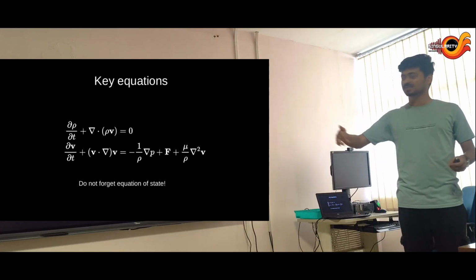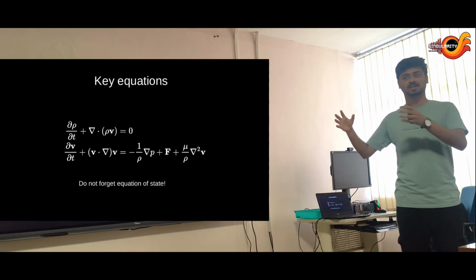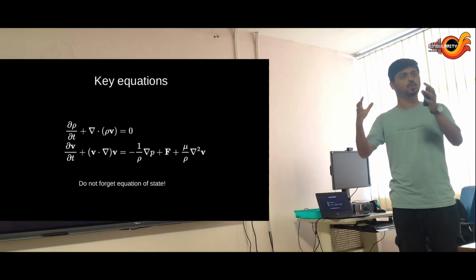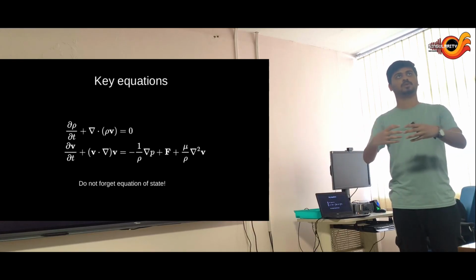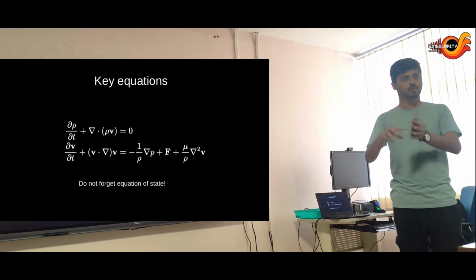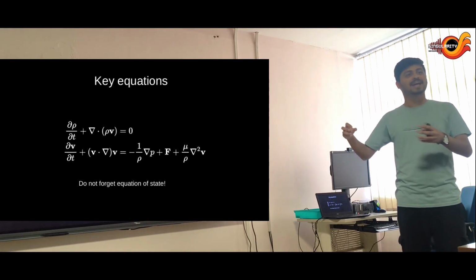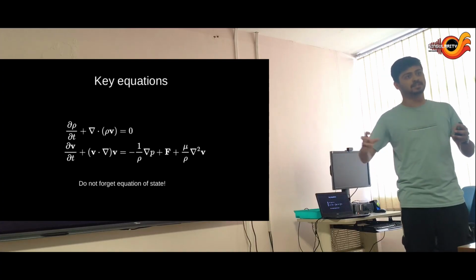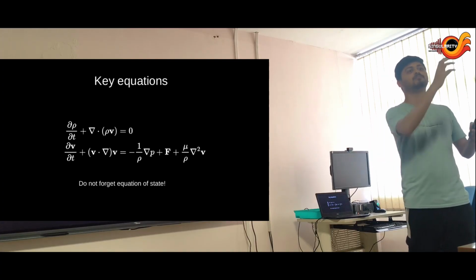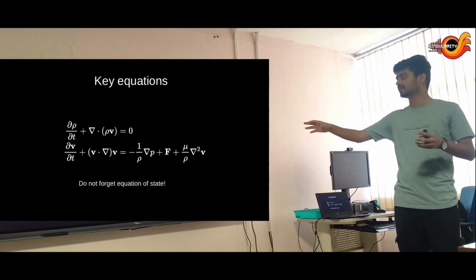The second term is the advection term. Advection is basically any fluid particle or fluid volume carrying some velocity with it, carrying some momentum with it. That's the advection term.